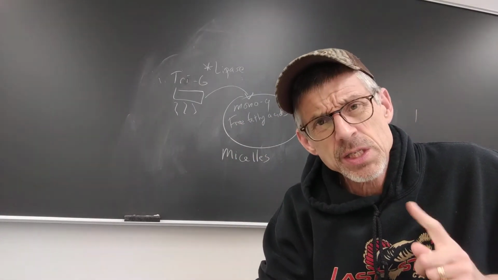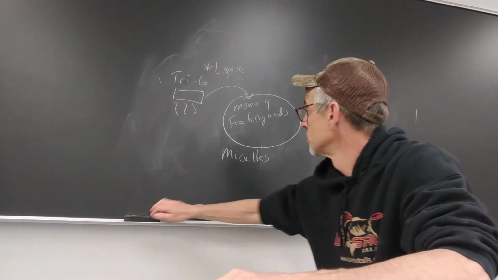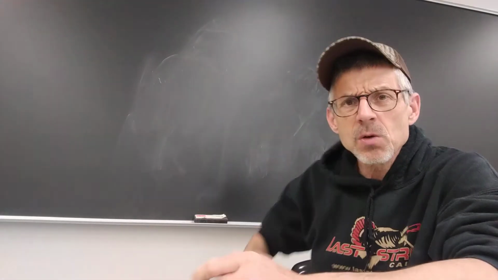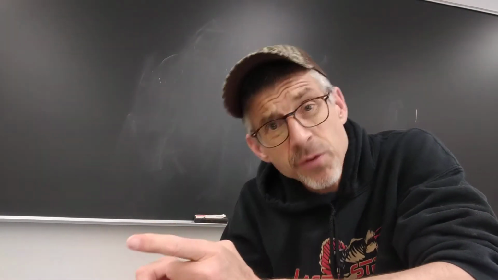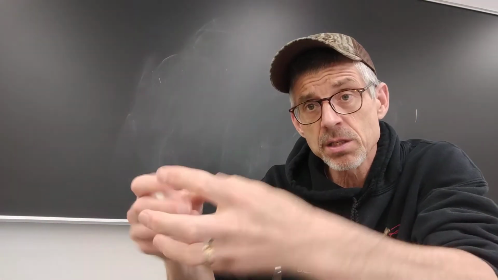And then a very interesting thing happens in the epithelial cells of the small intestine. In those cells, triglycerides are reformed. That is, the individual monoglycerides and free fatty acids reform into triglycerides.